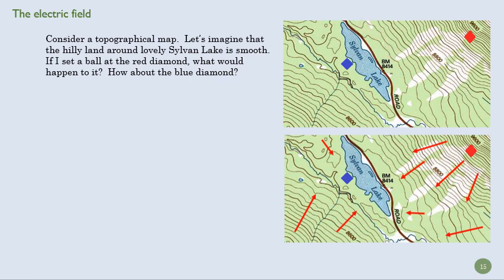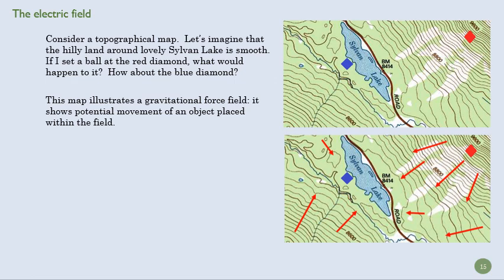So what happens if I smooth this out? What happens if I drop a ball here? Well, we know it would roll down the hill, right? But if I dropped a ball here, it would just sit on this nice flat plane. This illustrates a gravitational force field. It shows the potential movement of an object that's placed in these fields.